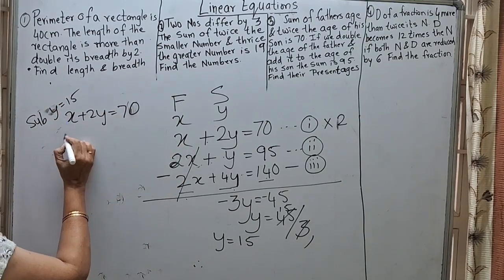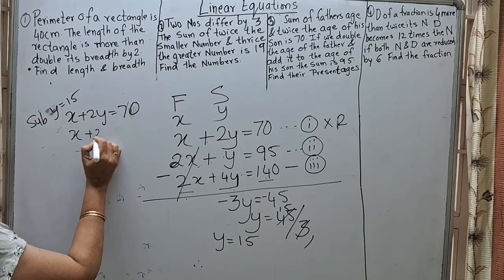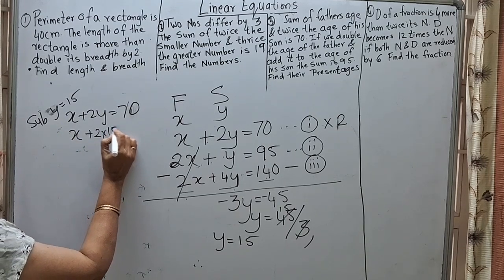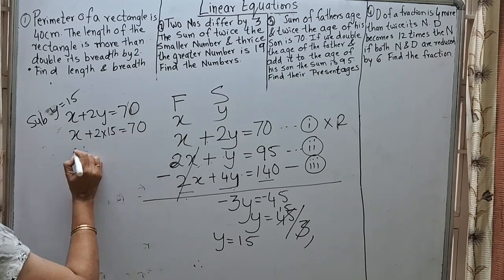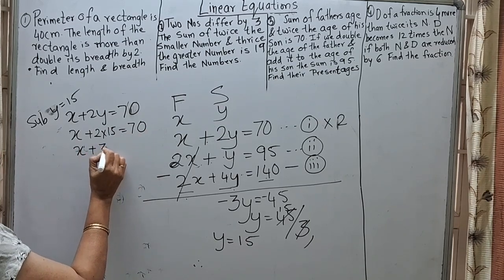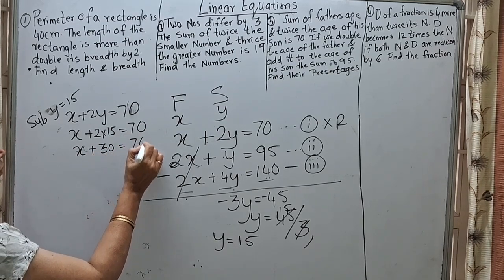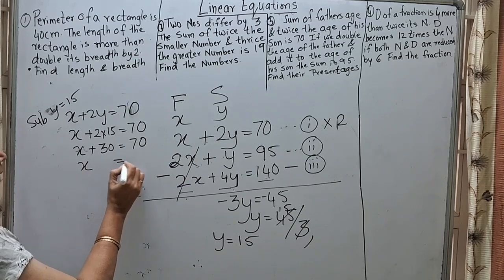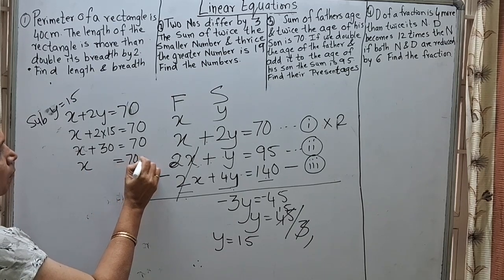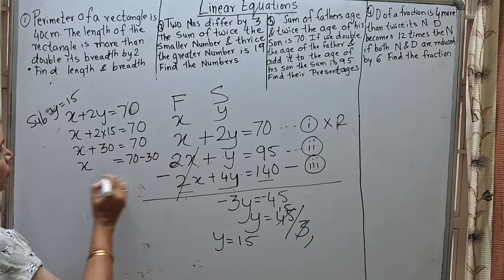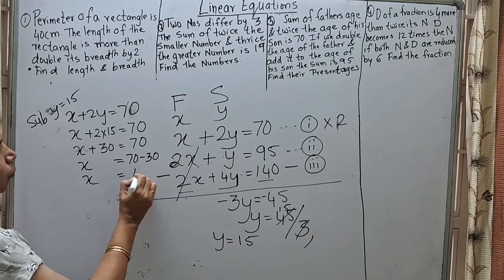Now what is that? x plus 2 into 15 is equal to 70. x plus 30 is equal to 70. Variable on one side, number on other side, 70 minus 30. So x is equal to 40.